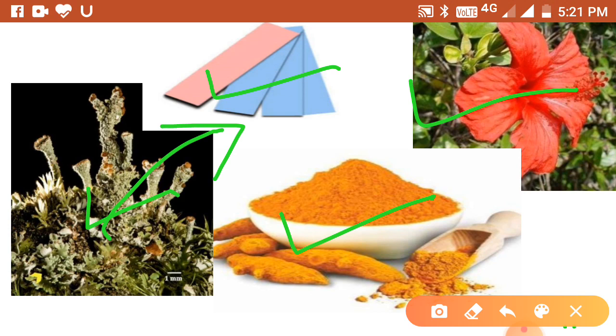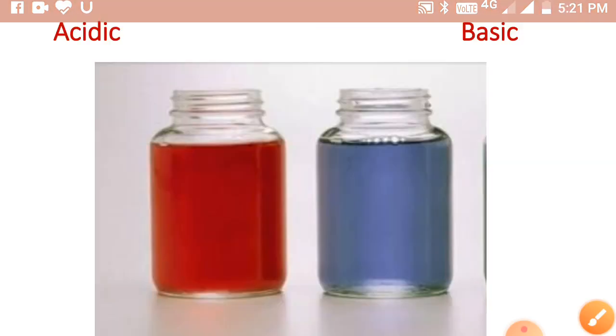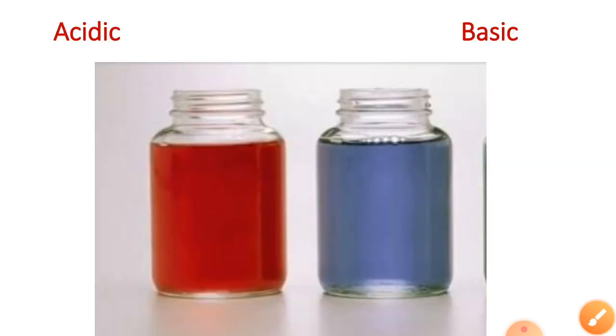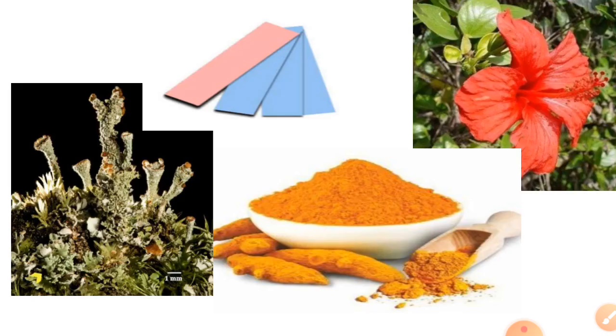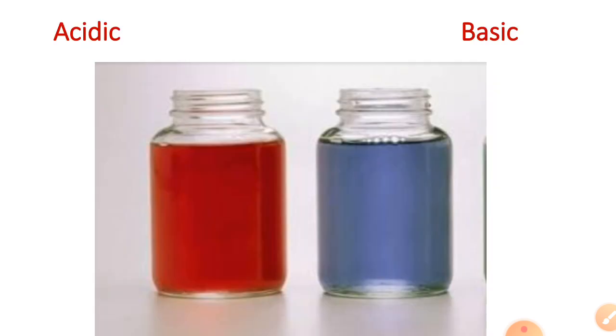So lichen is available in the form of a solution or in the form of a strip of paper known as litmus paper. Litmus paper is available in two colors, generally blue and red. Now we use the litmus solution in any substance.